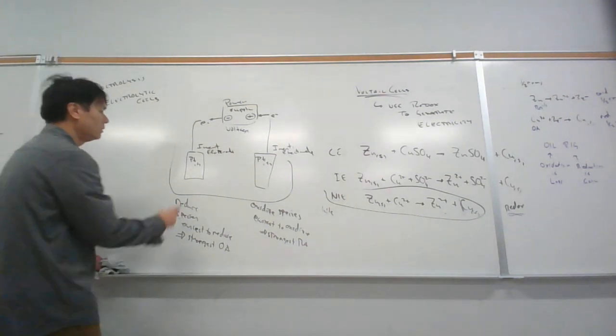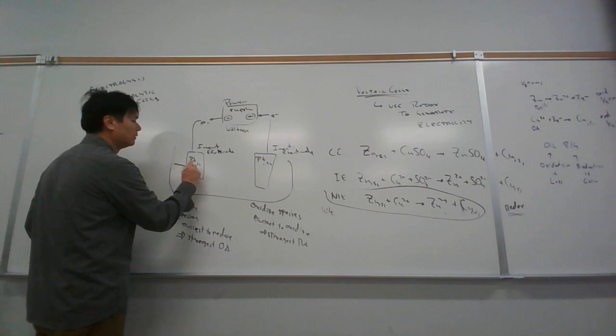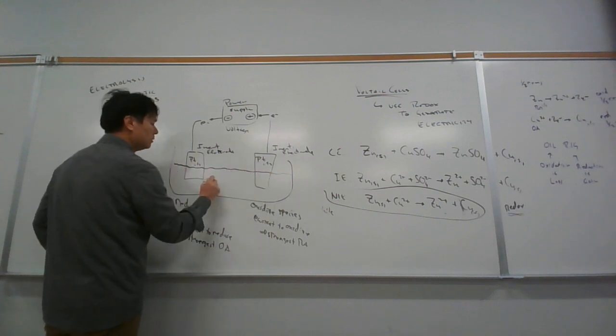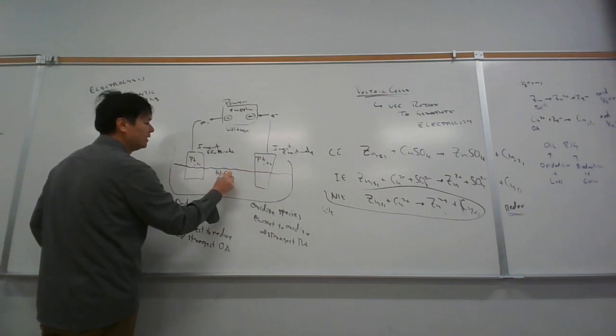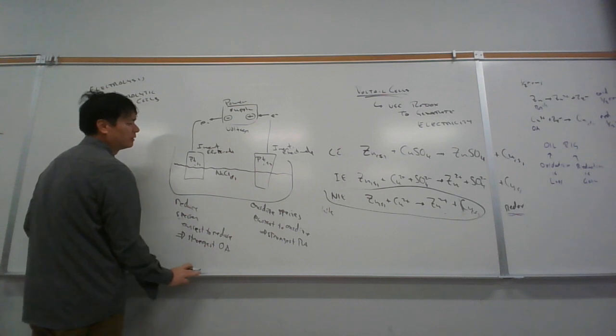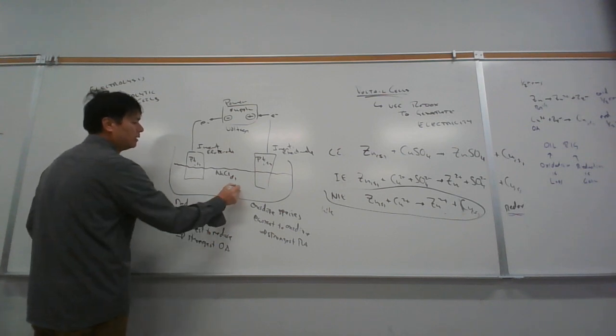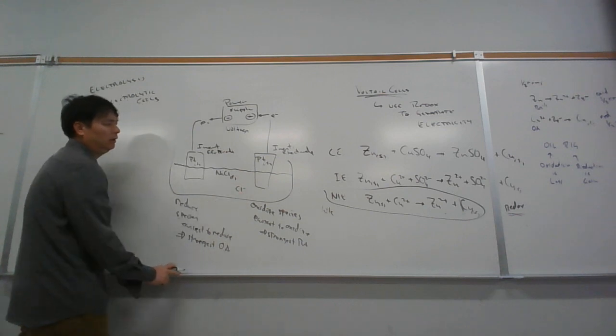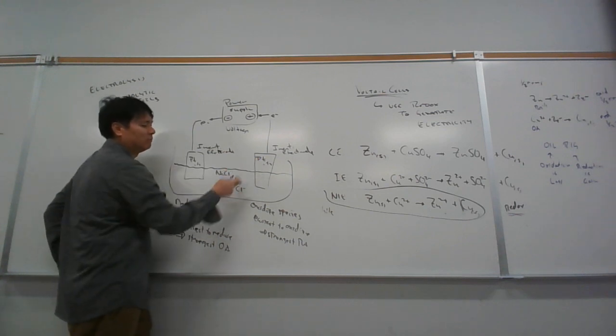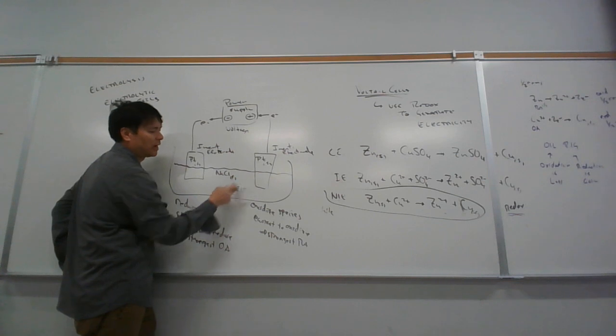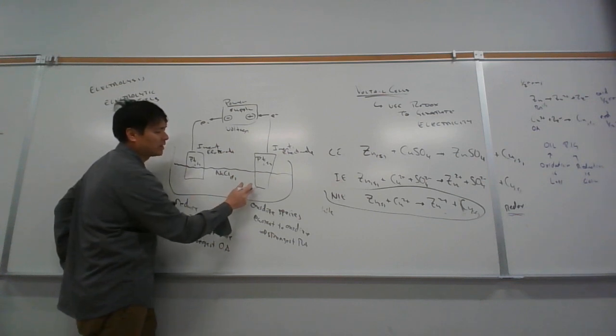What they put in here is liquid sodium chloride, molten sodium chloride. It's too hard to oxidize platinum. It's easier to oxidize chloride. Chloride would be the strongest reducing agent present in this case.